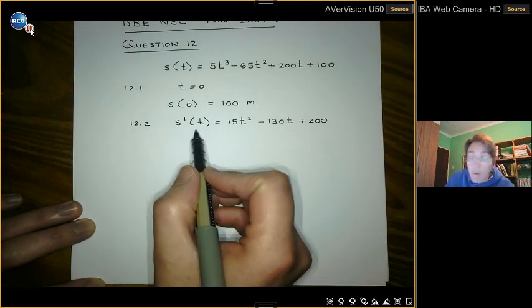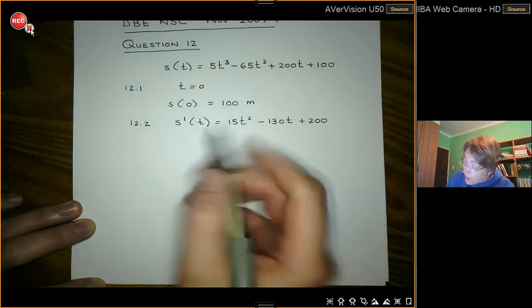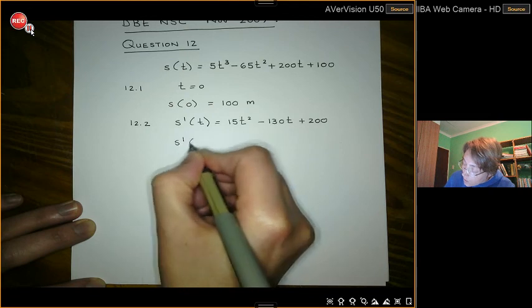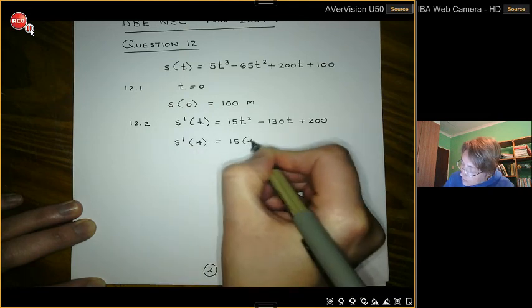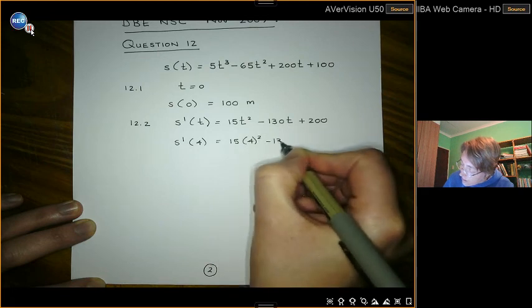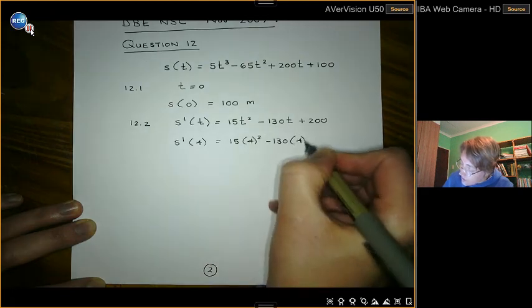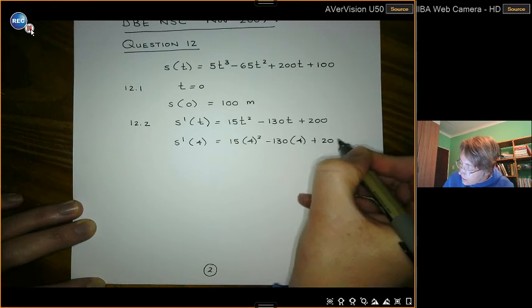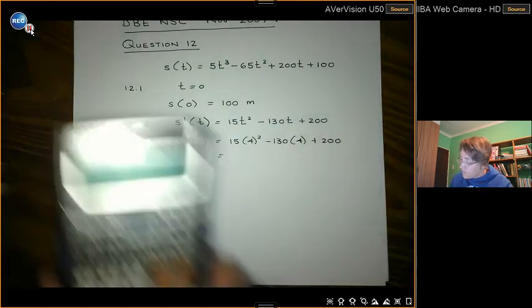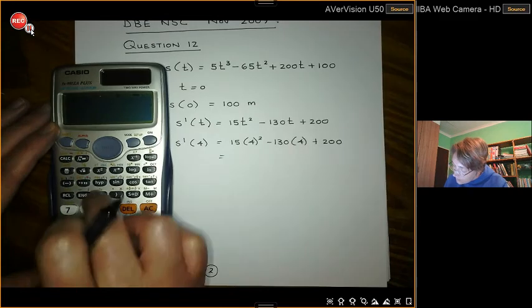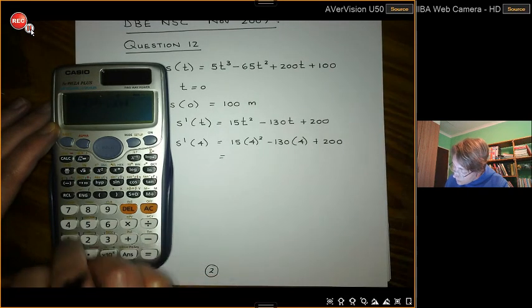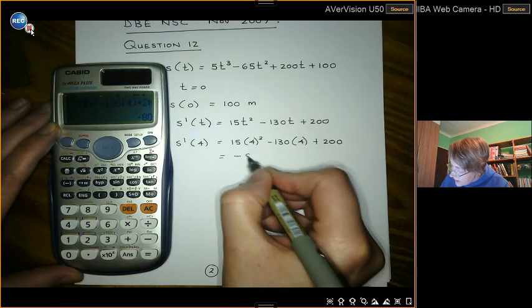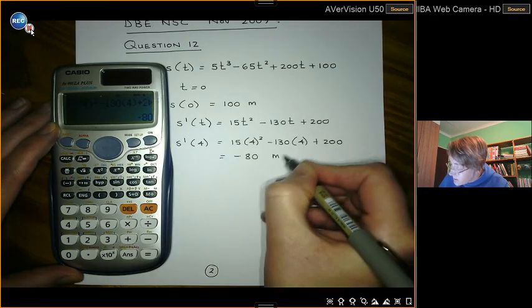But they specifically want to know the rate of change after 4 minutes, so I'm going to substitute 4 into t. So 15 times 4 squared minus 130 times 4 plus 200. And I'm going to be lazy and grab my calculator. And that's going to give me minus 80 meters per second.